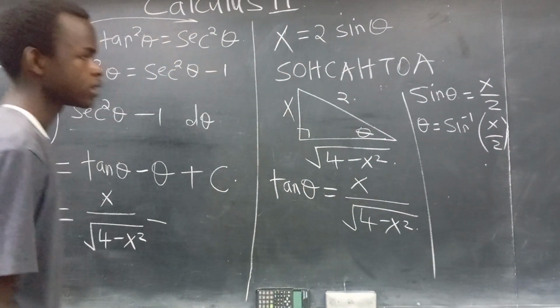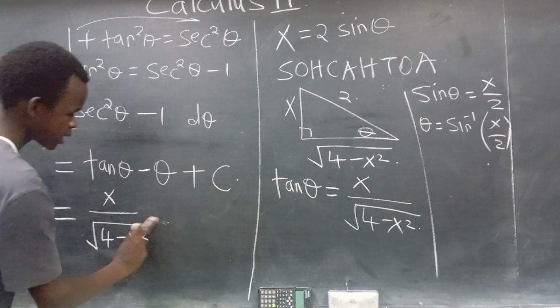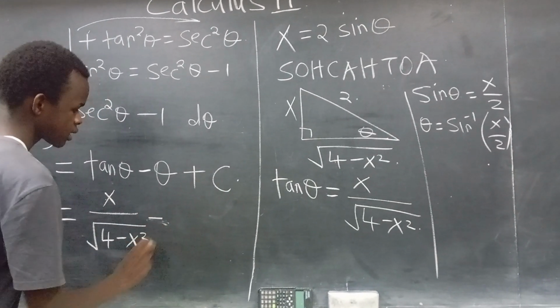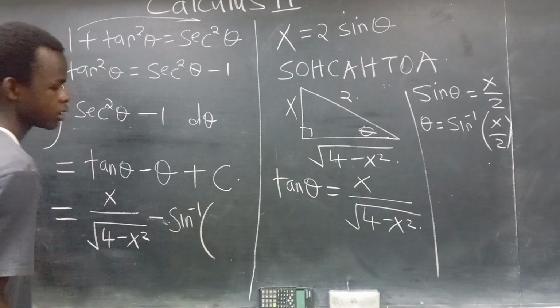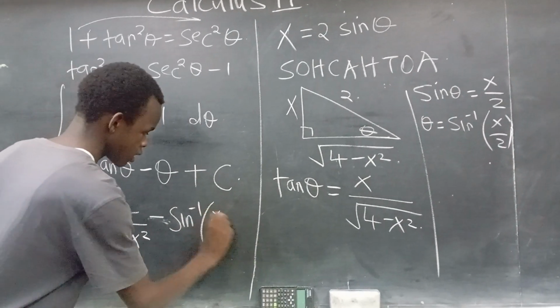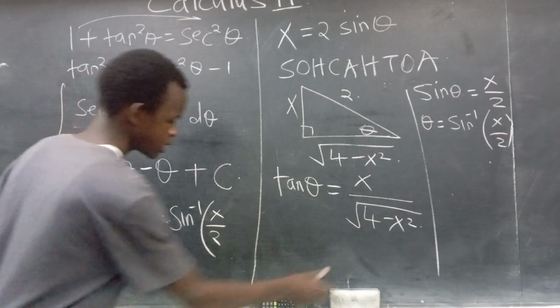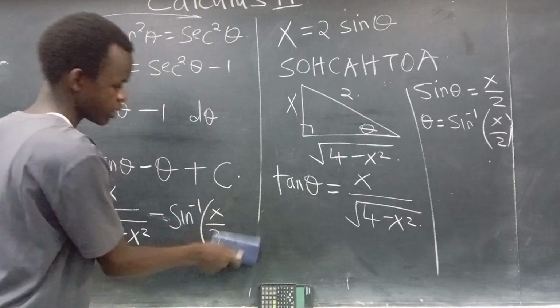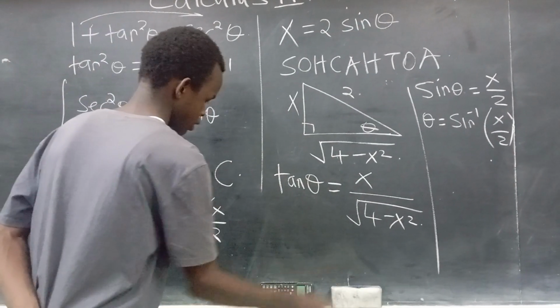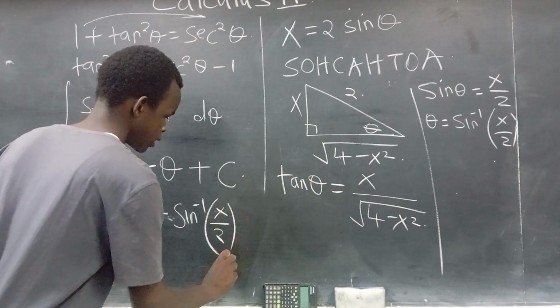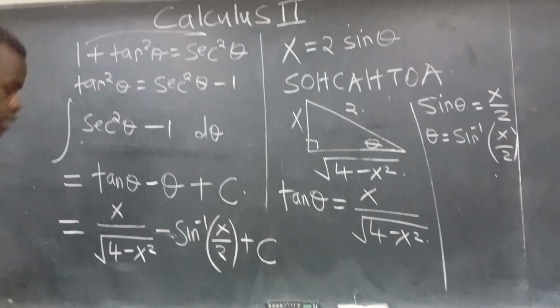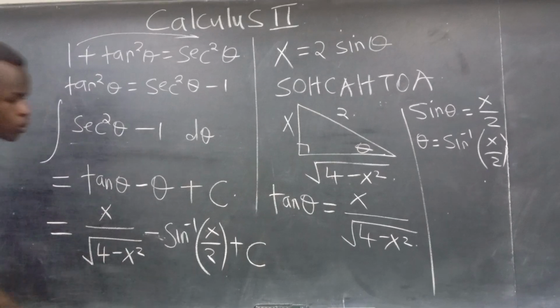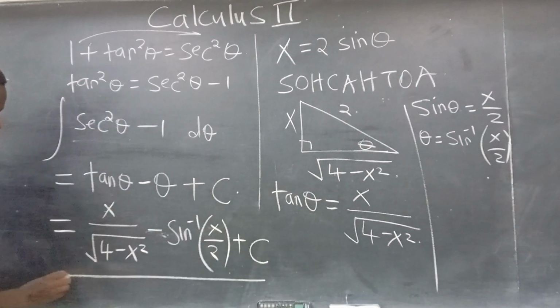So I'll replace my theta. So I'll be minusing sine inverse of x over 2, then just close the bracket and place my constant c. So that's our answer. This is the solution to that question.